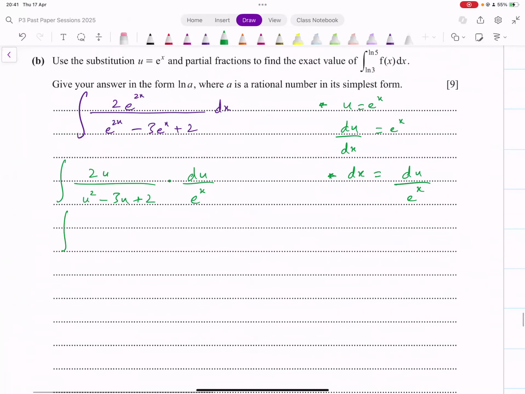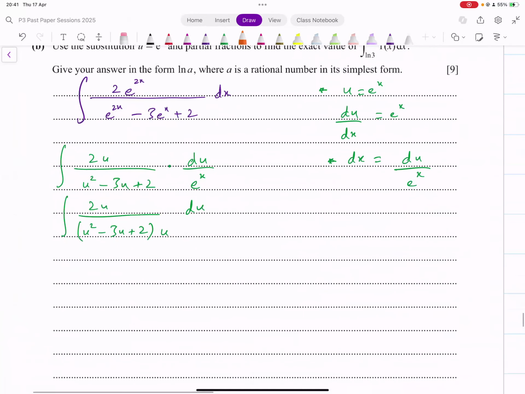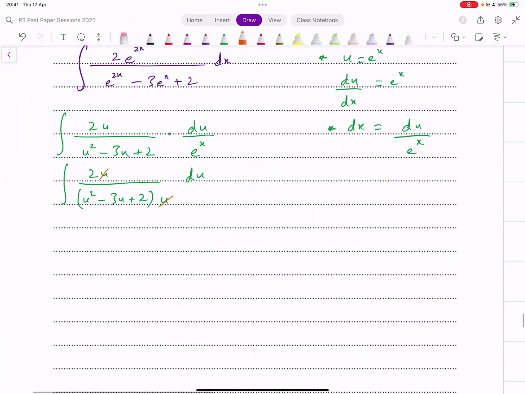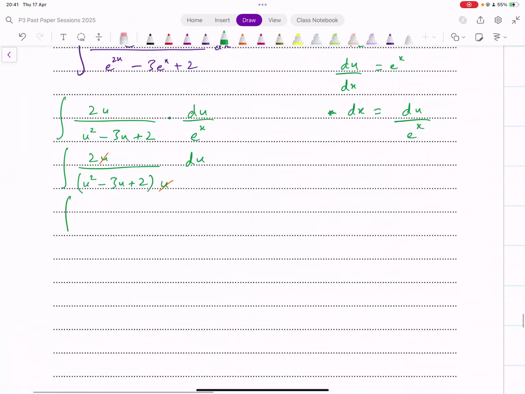So this gives us 2u over u squared minus 3u plus 2, whole times u du. U and u get cancelled and we have this fraction left. So we have to integrate 2 over u squared minus 3u plus 2 with respect to u.